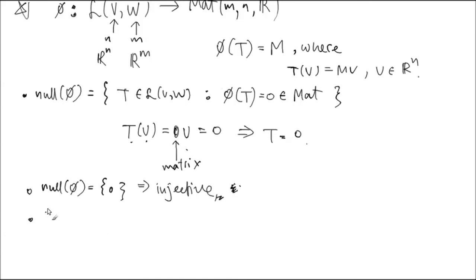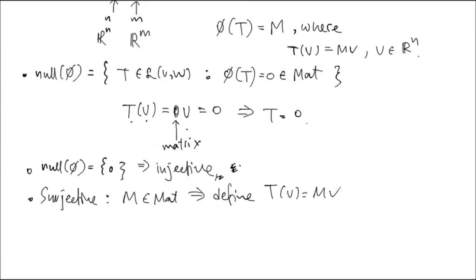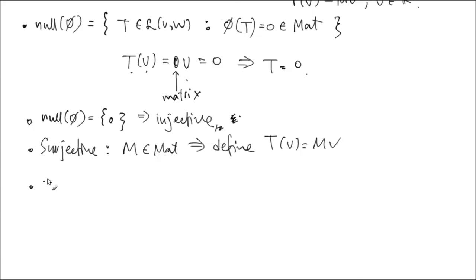If you read about invertibility and isomorphism, it is injective and also surjective. And surjectivity is clear. If I pull a matrix M, then you can define T being given by this Mv, so therefore a linear map exists. So surjective, injective, so that gives us invertibility.